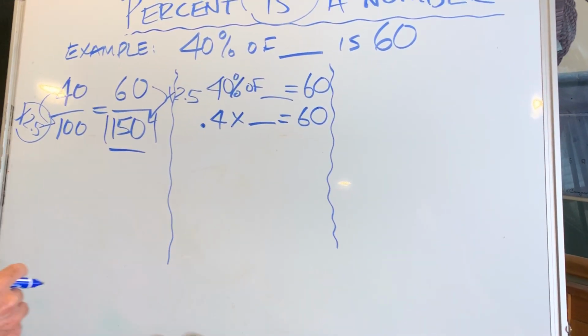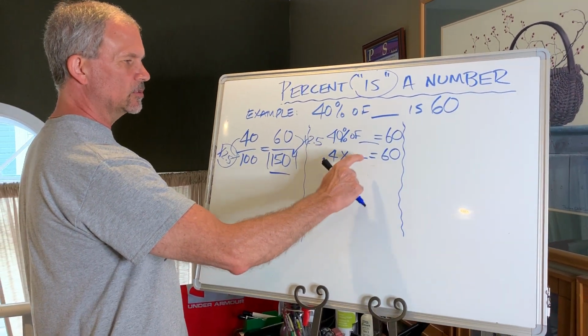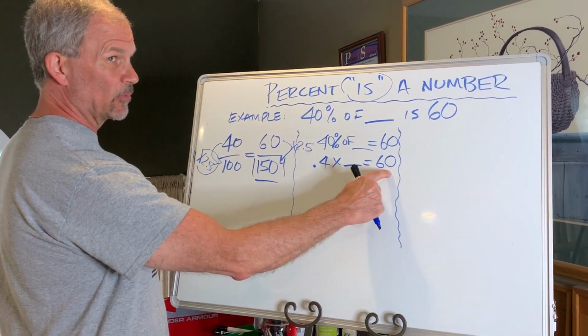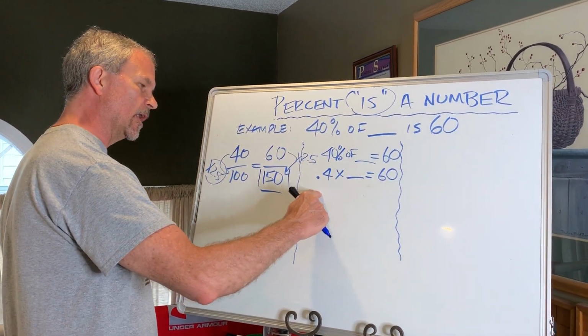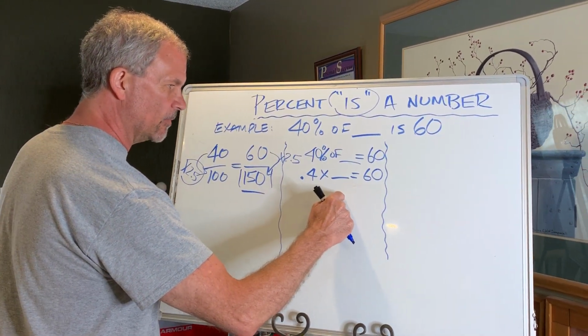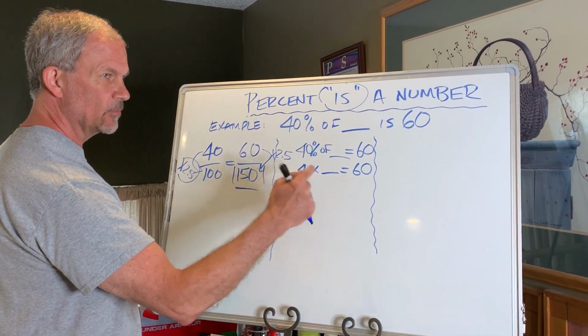Now, if we know about multiplication, I got one number, I got to multiply it by some other number to give me a product. If I know the product and I know one of the numbers that I'm multiplying, to find that other number, I'm going to use the inverse operation here. I'm going to use division.